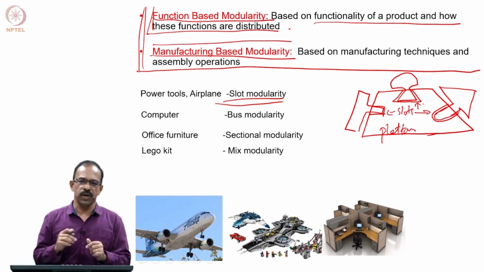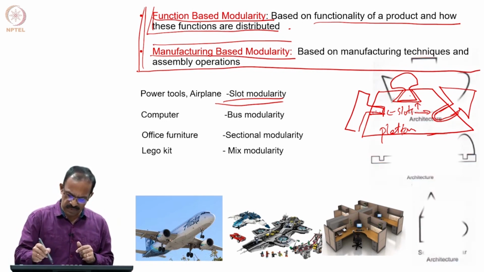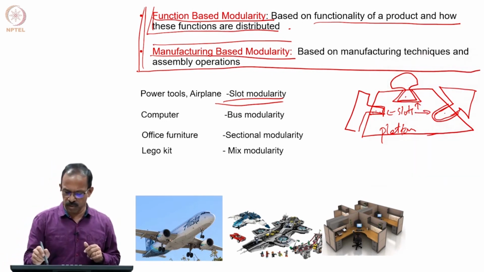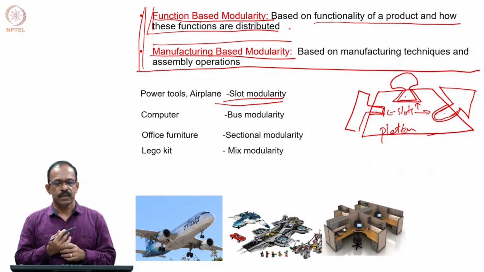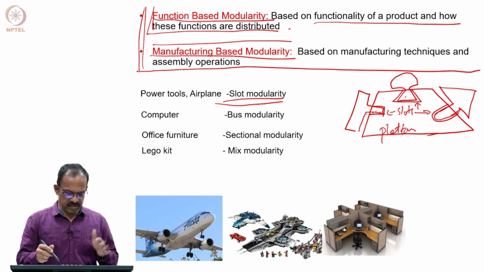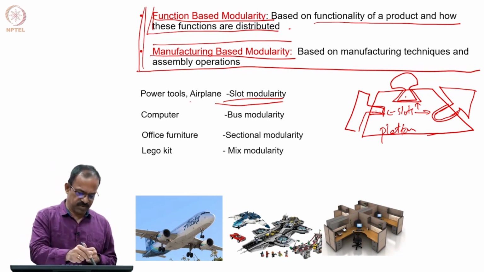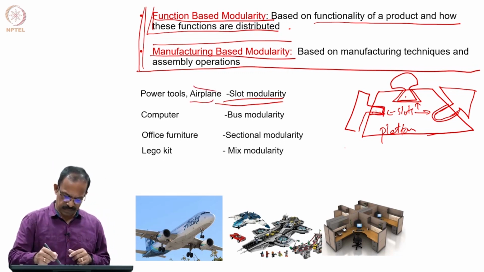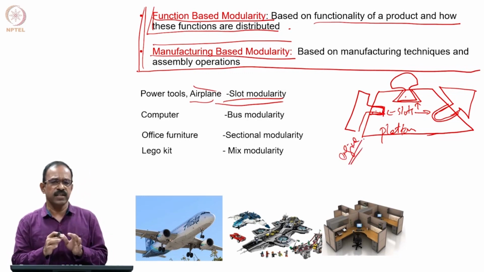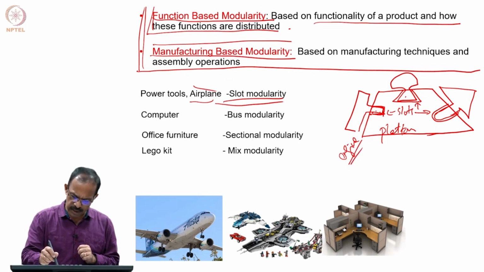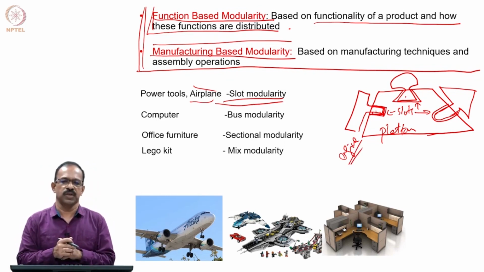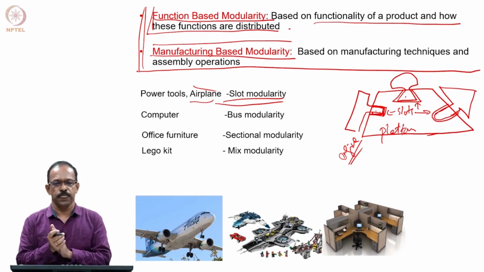Any module with a slot like this can be attached to this product, that is the slot modularity. If you take an example of an aircraft, there will be a slot for an engine. Any engine which has this kind of slot can be fitted to this particular aircraft.